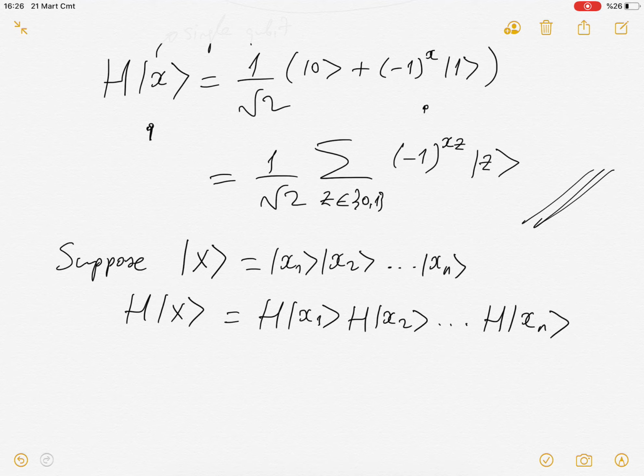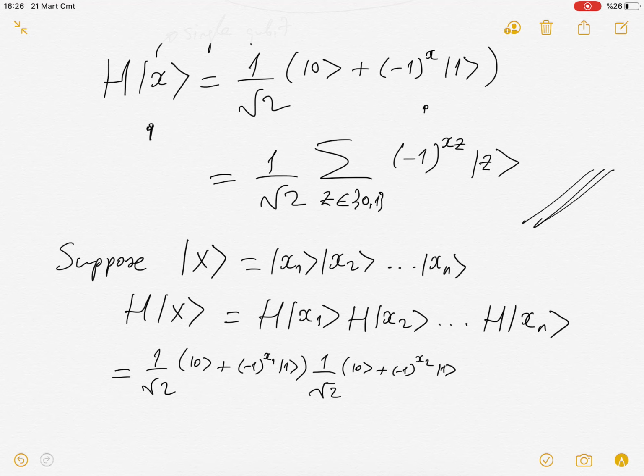And if we write this explicitly, this will be equal to 1 over square root 2 times ket 0 plus minus 1 to the power x1 ket 1, tensor 1 over square root 2 times ket 0 plus minus 1 to the power x2 ket 1, tensor, up to 1 over square root 2 times ket 0 plus minus 1 to the power xn ket 1.